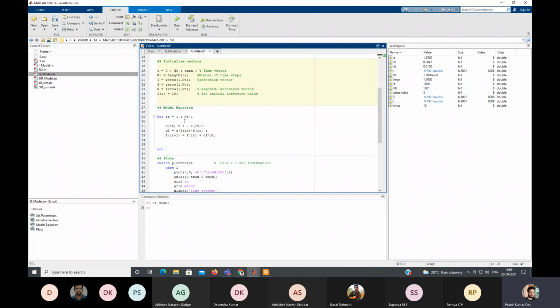So S(it) is equal to 1 minus I(it), then it will be R(it) plus R equal to 1.